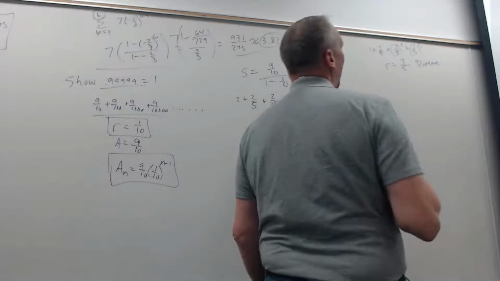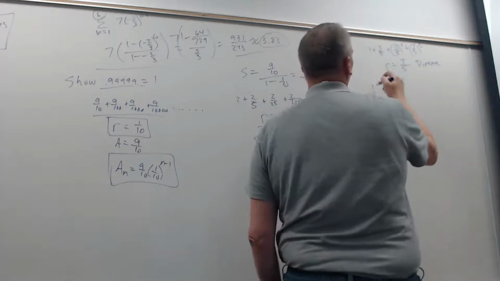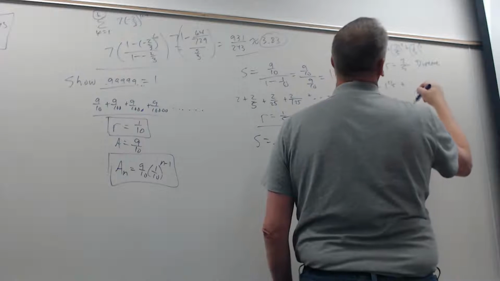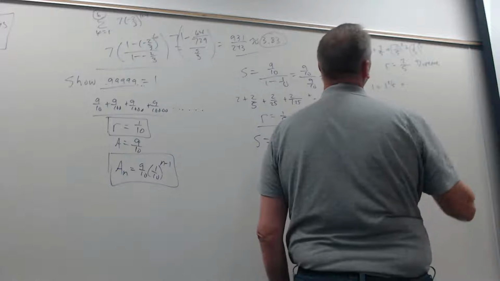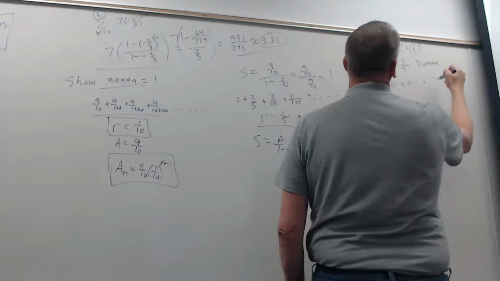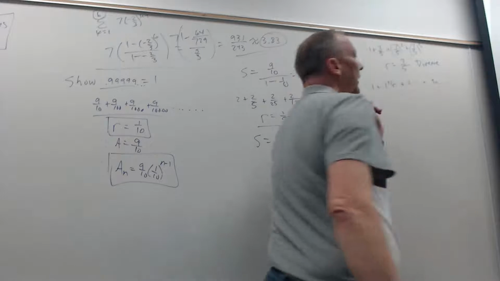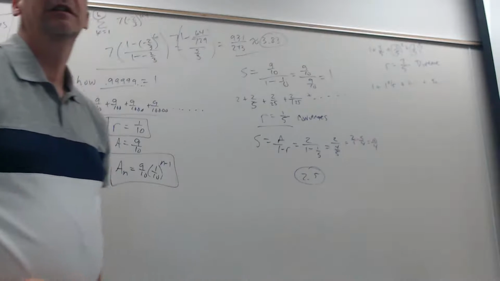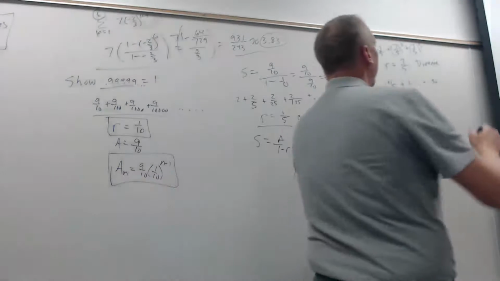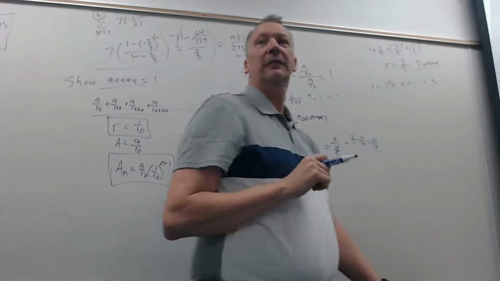Okay? So one way to think about this is you've got 1 plus 1 2/5 plus, what's 49 over 25? That's about 2 point something plus 3 point something. Is this ever going to get to a common sum? The sum is going to keep getting bigger and bigger and bigger. That's what it means by divergence. Okay?